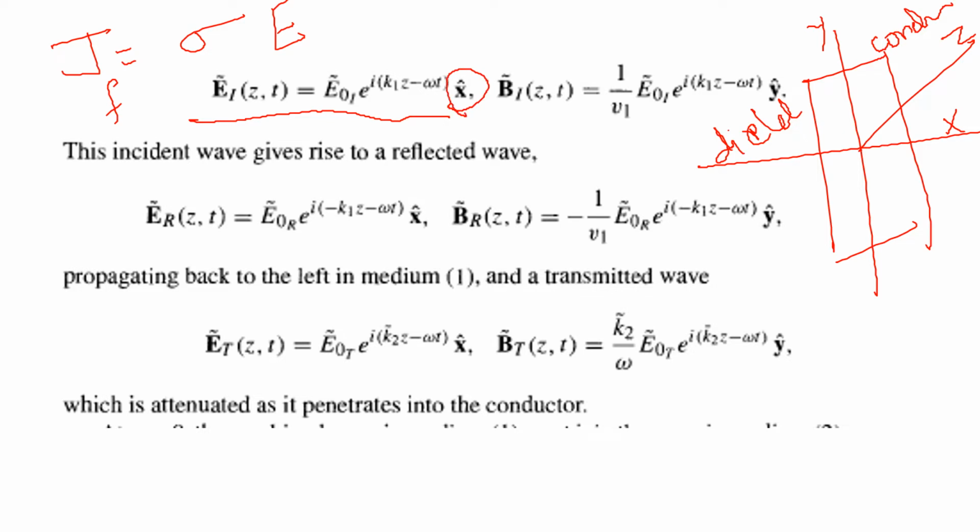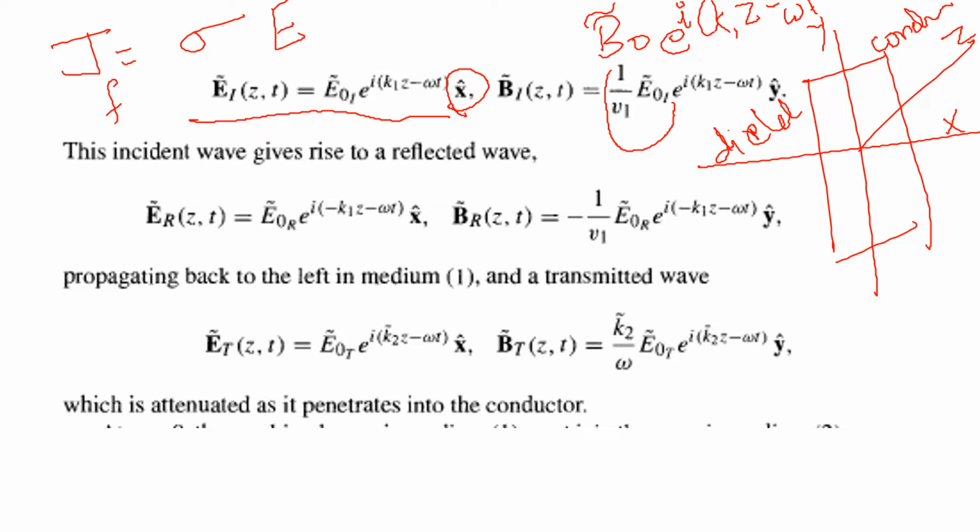And the magnetic field B is equal to B0 complex times exponential i(K1 z minus omega t), where B0 can be replaced by E0I divided by V1, because we learned B equals E divided by velocity. So this is the incident wave.